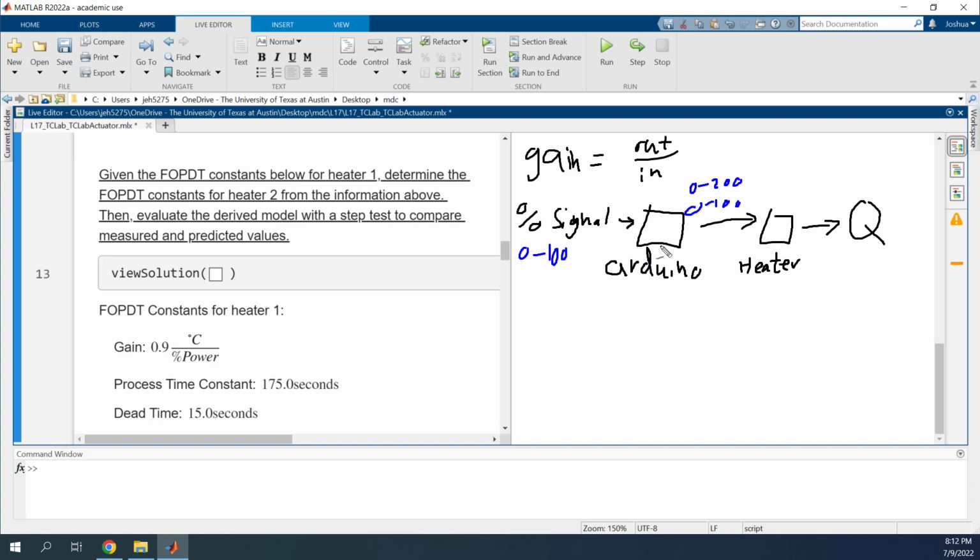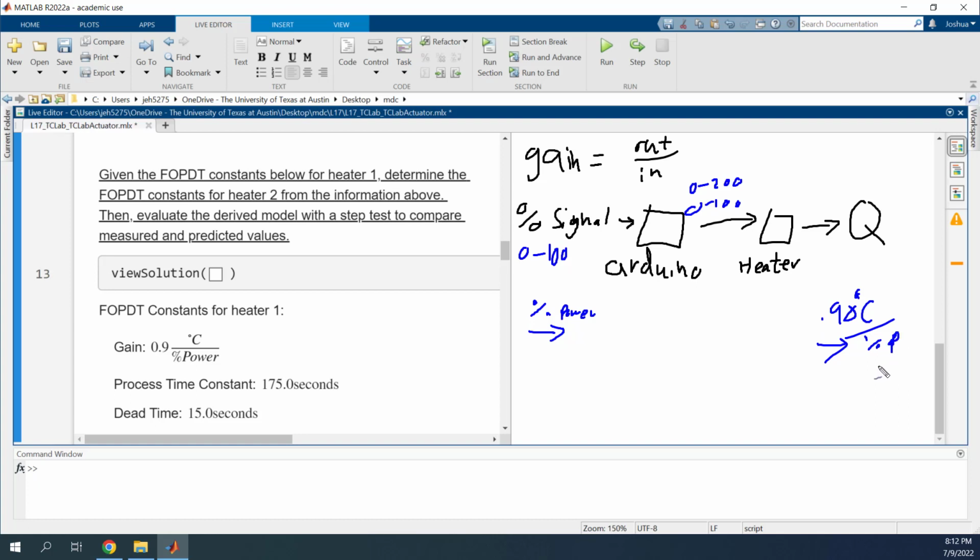So let's think about this. In the case of heater number 1, we know that in comes some percentage power, and out is 0.9 delta C, degrees C, that's what that is right there, per percentage power.